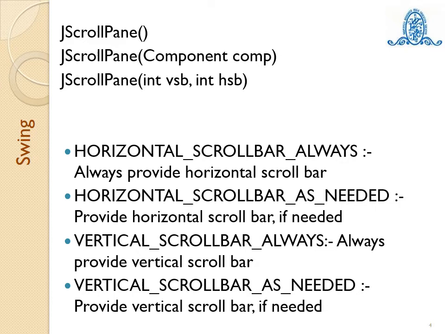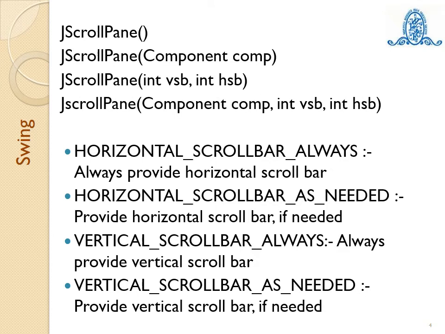Similarly, the next two constants are related to the vertical scroll bar. That is VERTICAL_SCROLLBAR_ALWAYS, which will always provide the vertical scroll bar, and if we need, then we will use the VERTICAL_SCROLLBAR_AS_NEEDED constant. So for VSB we can use the third or fourth constant value, and for HSB we can use the first or second constant value.